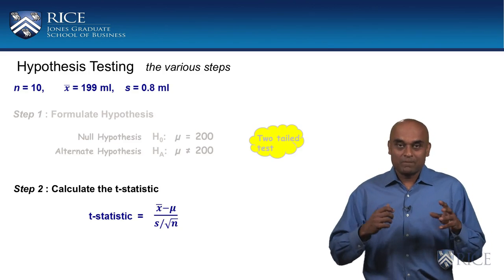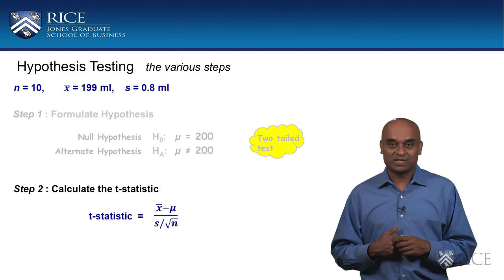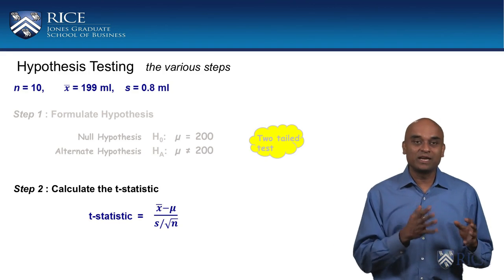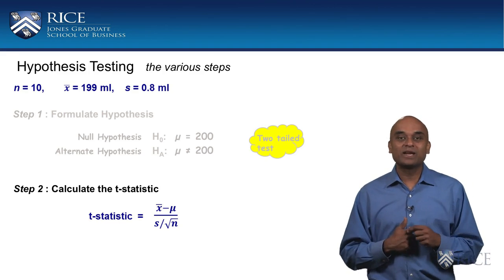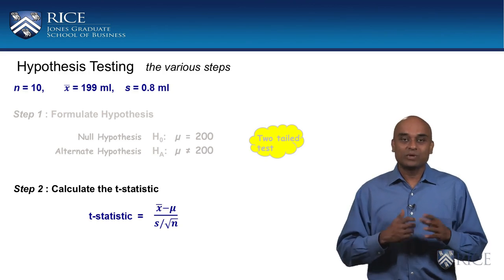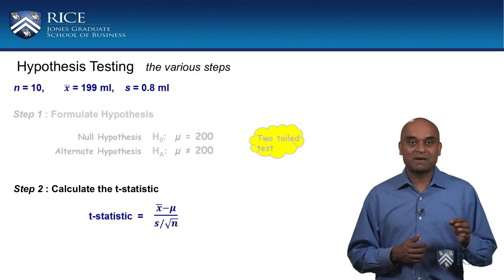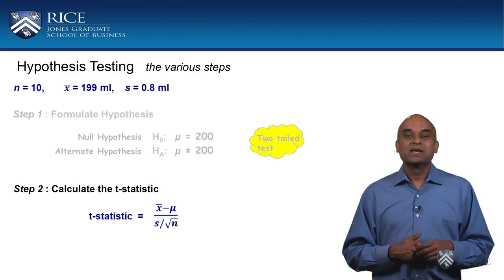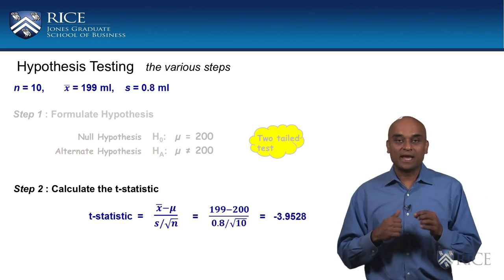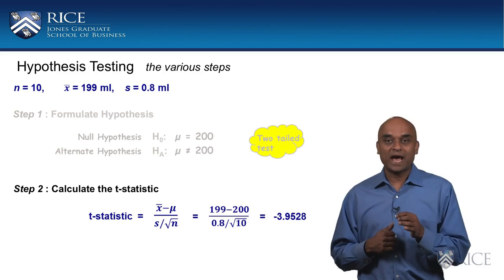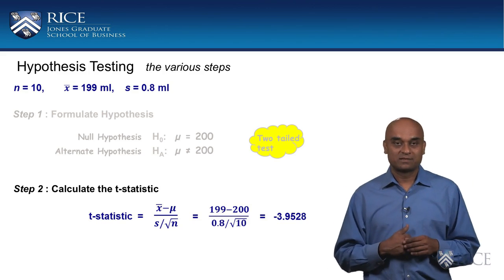Step 2 is to translate the hypothesis test onto a t distribution by calculating the t statistic, which is x bar minus mu divided by s by square root of n. This turns out to be a negative 3.9528.